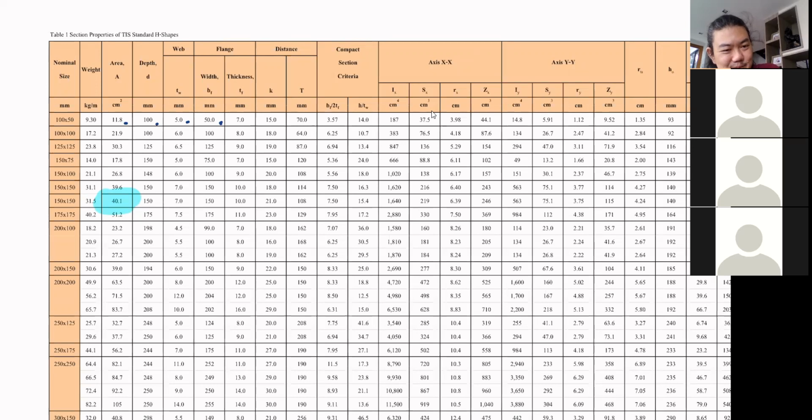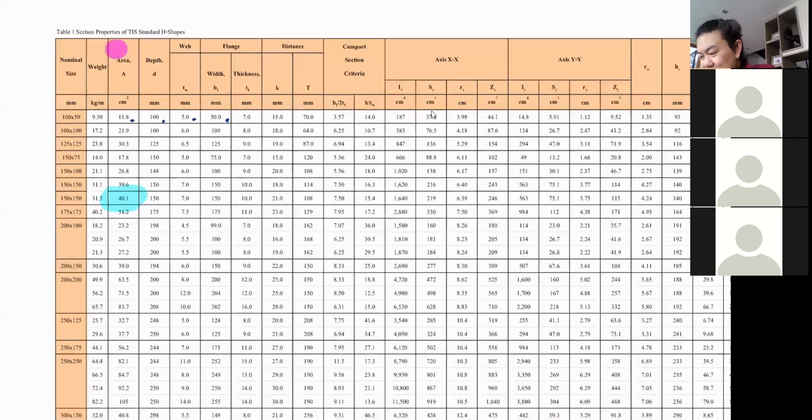What would you do? Or are you just trying to find this table? Let's look at the area, because we just calculated the area. It is good enough, yes. That should be good enough, right? Because all the safety factors and reduction factors have been included in your calculation, so there's no need to go crazy.